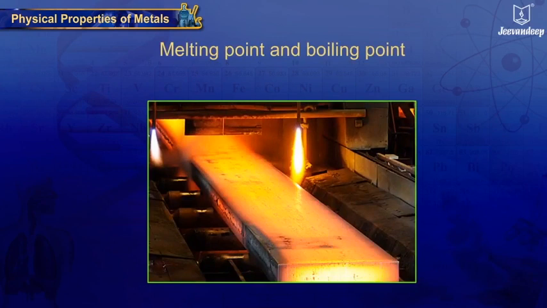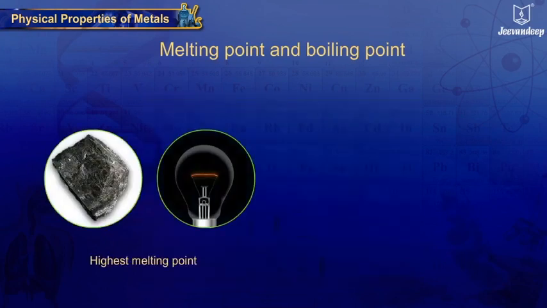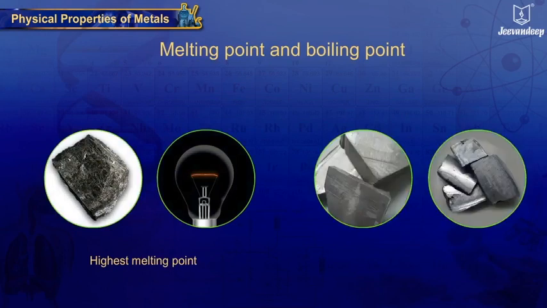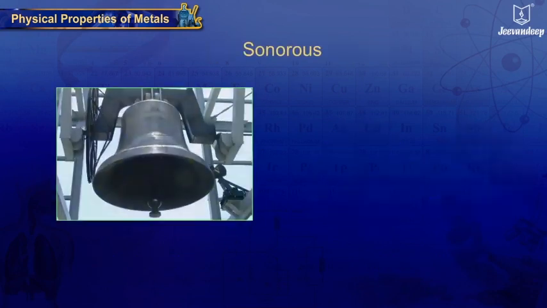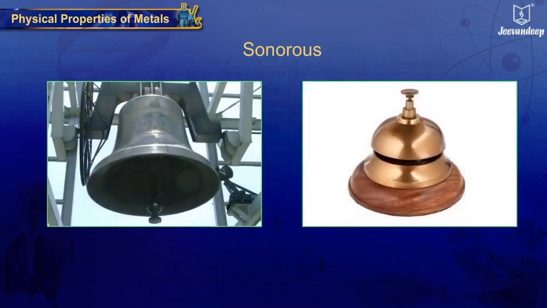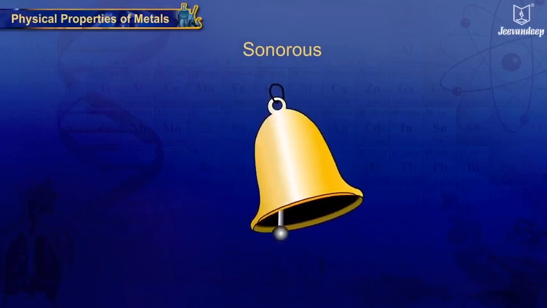Metals have high melting and boiling points usually. Tungsten has highest melting point, and sodium and potassium have low melting points. Sonorous. Metals are sonorous, that is, they produce a sound on striking on a hard surface.